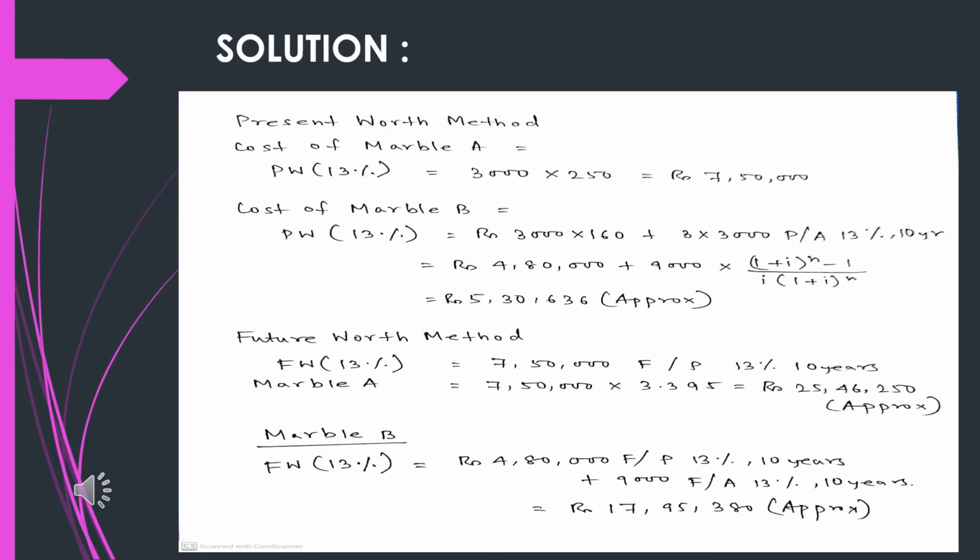Adding those two values up, we get approximately 17,95,000. Again the second option is better since both are costs to us.